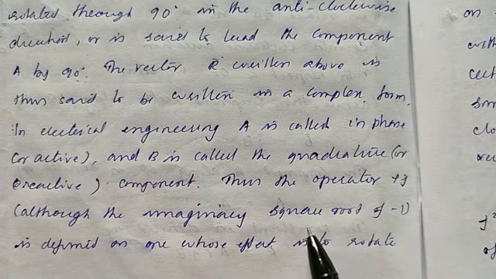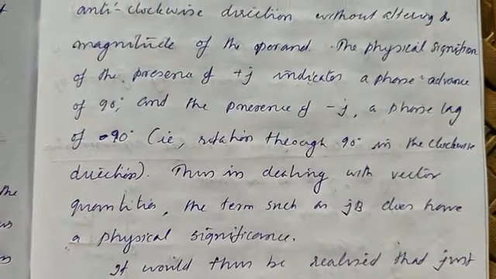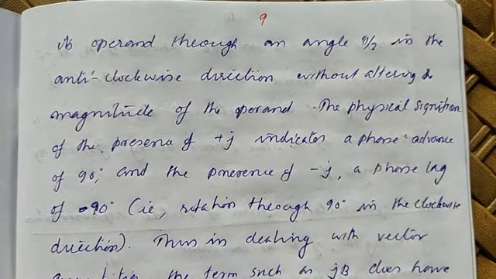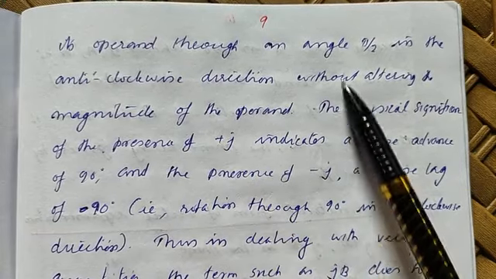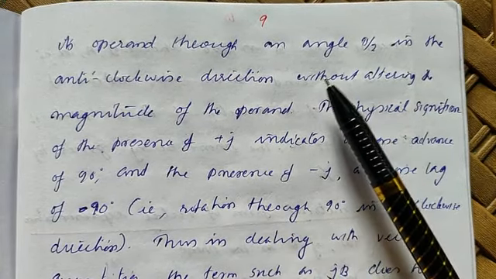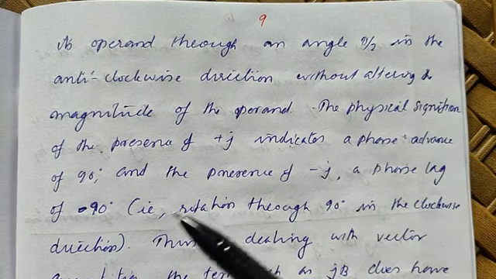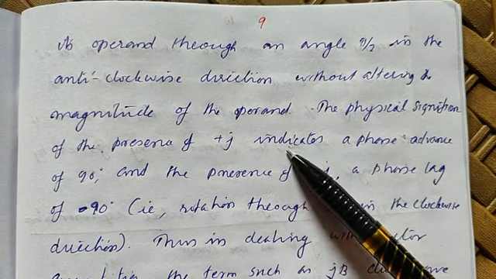Although the imaginary, square root of minus 1, is defined as j, whose effect is to rotate its operand through an angle pi by 2 in the anti-clockwise direction without altering the magnitude of the operand. This is already explained; we explained it in other terms.